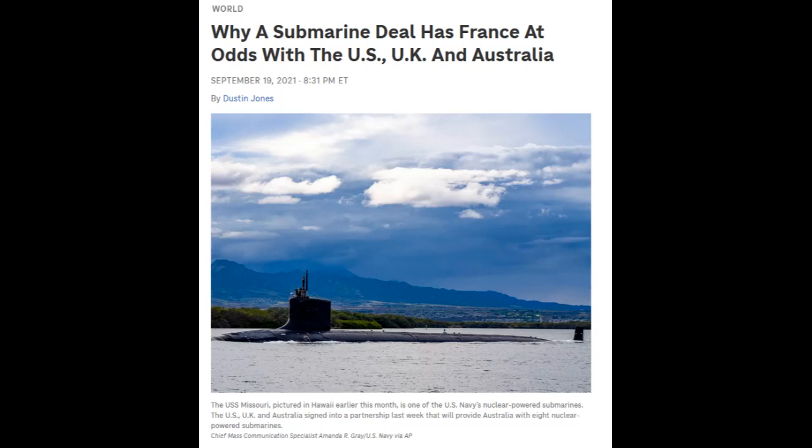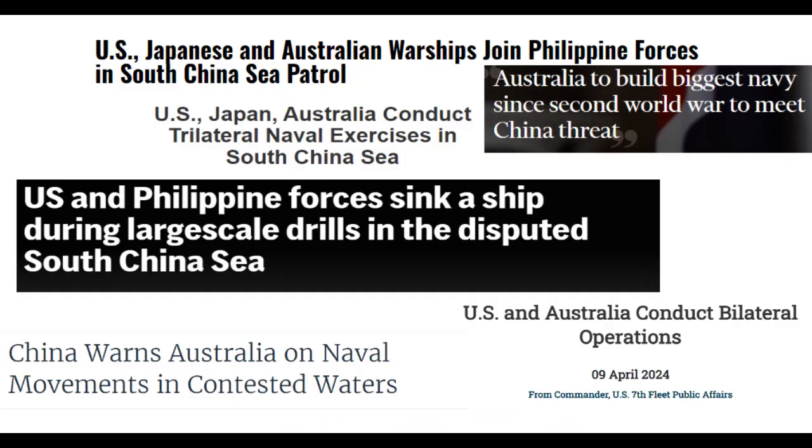Australia is basically footing the bill for all the maintenance and the purchase just so that the US could kind of use the nuclear submarines in case there's a conflict, which shows that the US will interfere in the arms trade of allies if they can find an interest in it.